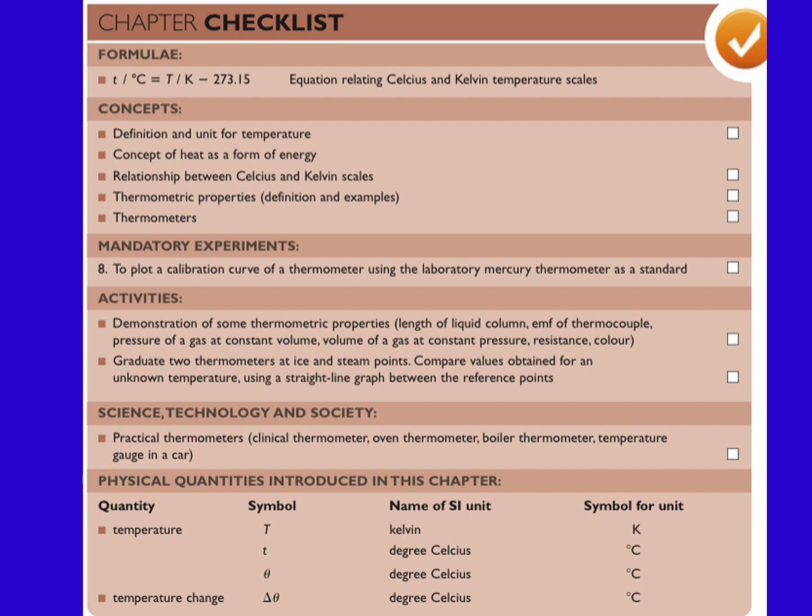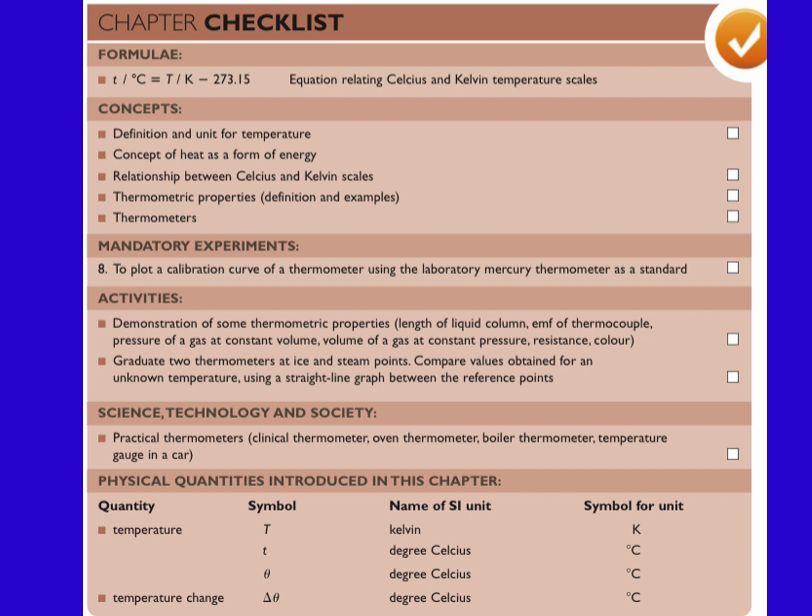So what are they? Are you able to describe an example of them and how they're measured? And you need to know what a thermometer is, what it does, and the concept of the disagreement between two different thermometric properties in terms of thermometers.